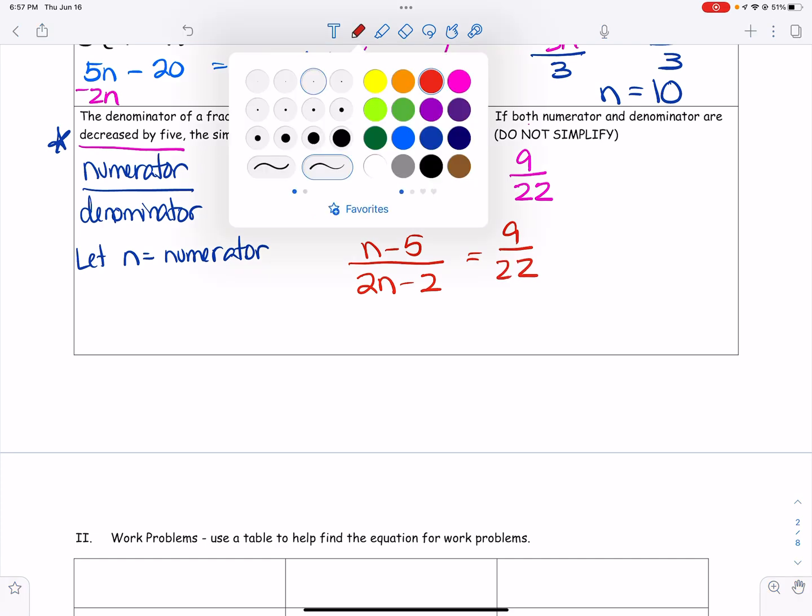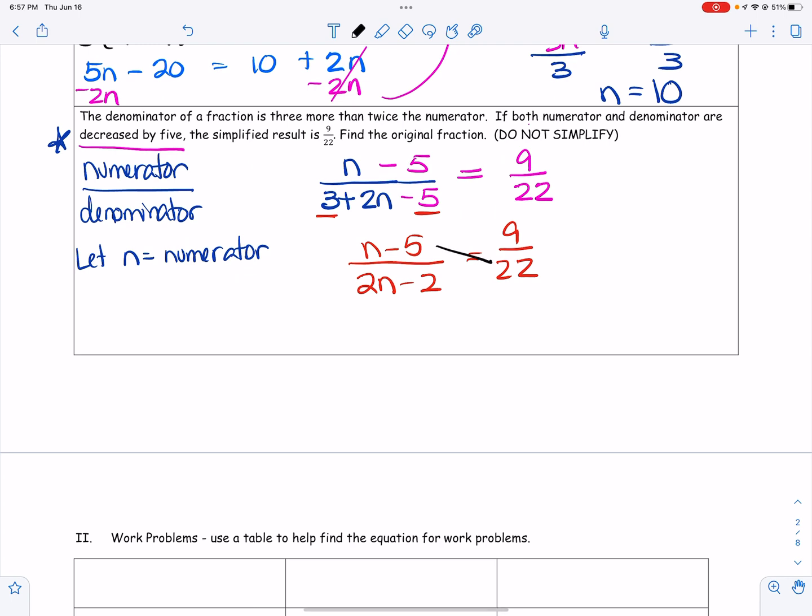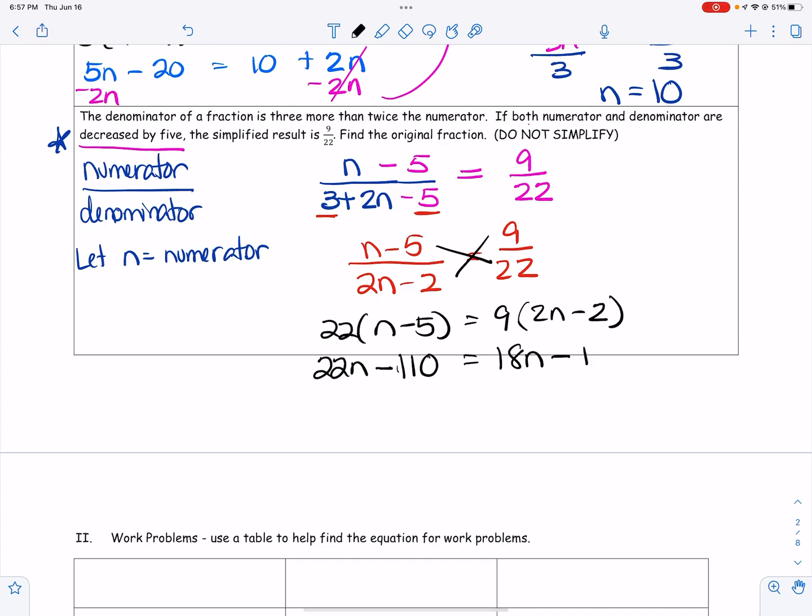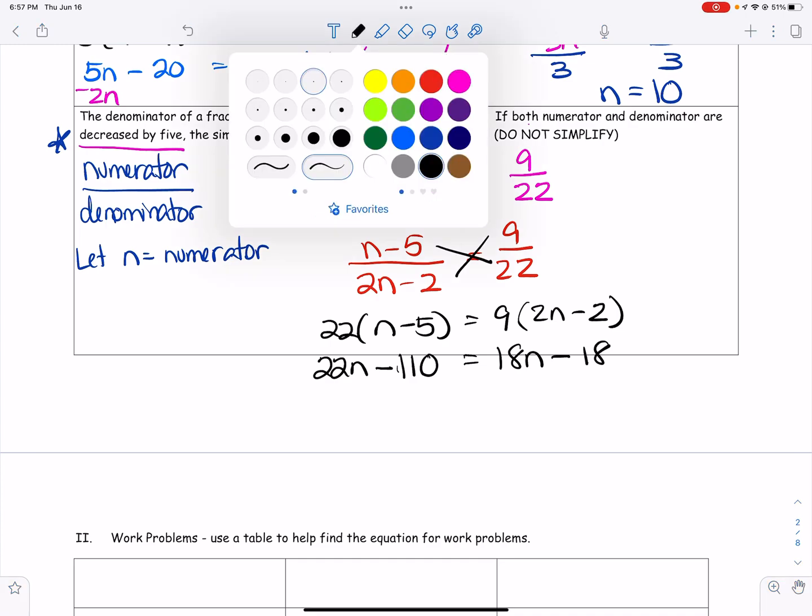So now I'm going to cross multiply. So I'm going to take 22 times n minus 5. I'm going to take 9 times 2n minus 2. So I get 22n minus 110. I get 18n minus 18.